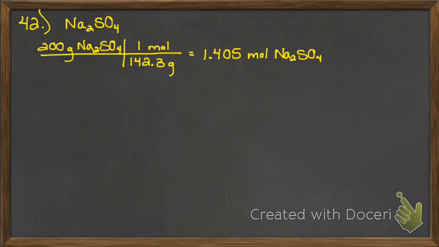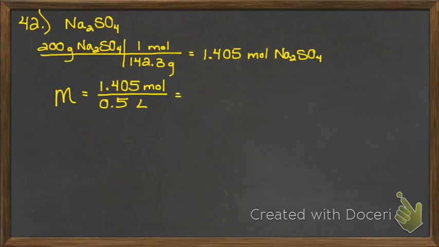Okay, and now I can solve for the molarity because I've got my number of moles. Okay, remember the volume has got to be in liters. 500 milliliters, that's 0.5 liters.